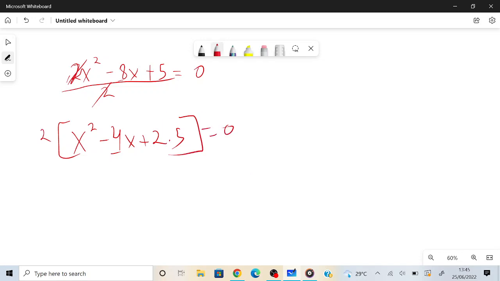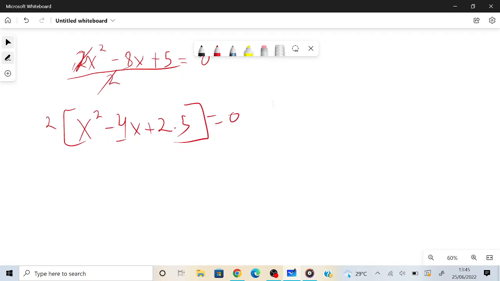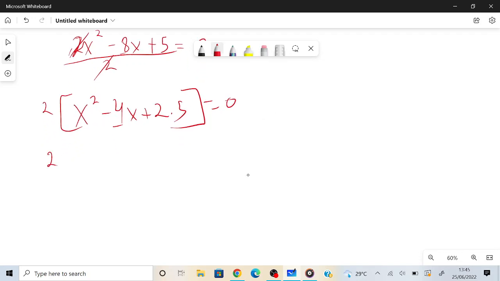So let's complete the square inside the square brackets as normal. This will become 2 into x minus 2 squared minus 2 squared plus 2.5, square brackets equals 0.